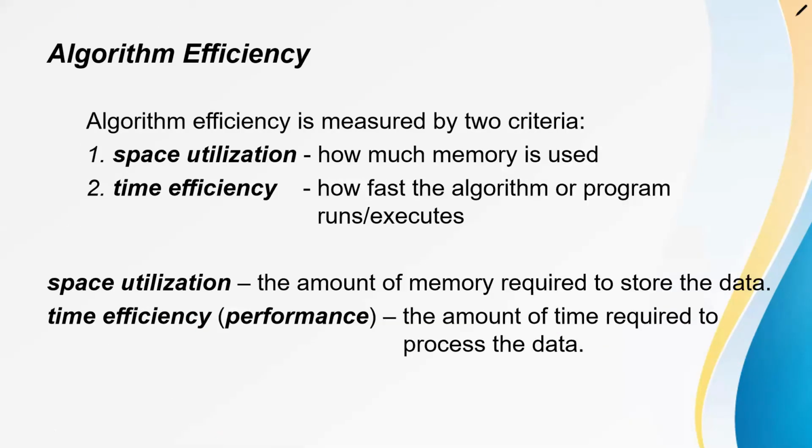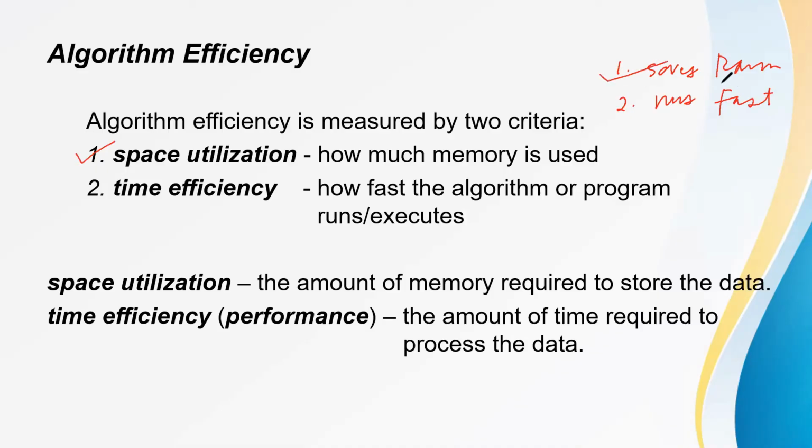So how are we going to measure the efficiency of an algorithm, or what are the two criteria to measure the algorithm efficiency? As mentioned already last time, what are the two criteria to select the best algorithm among many available algorithms? Again, saves memory or RAM and runs fast.